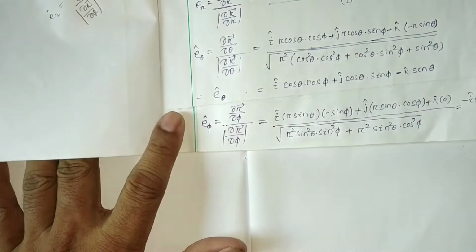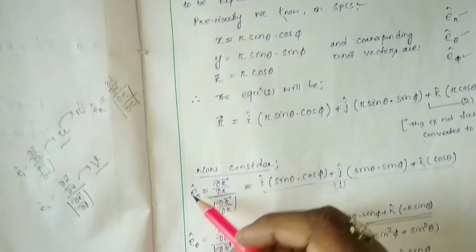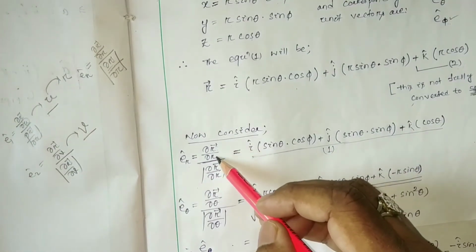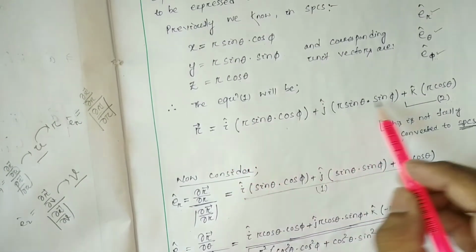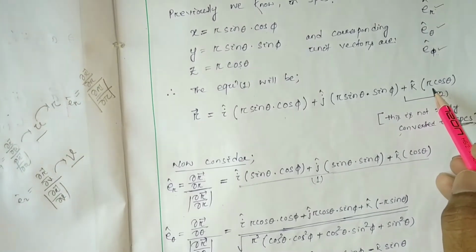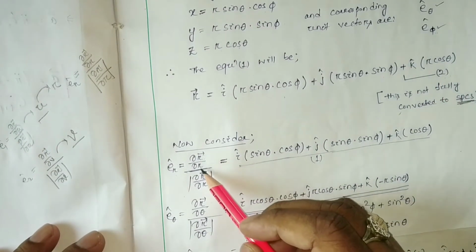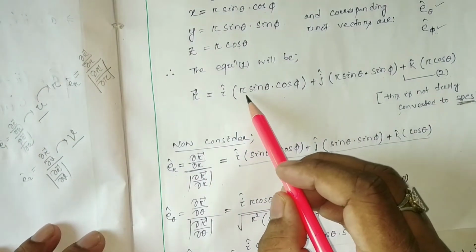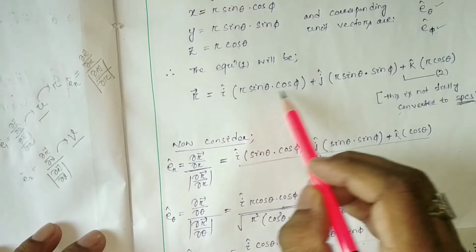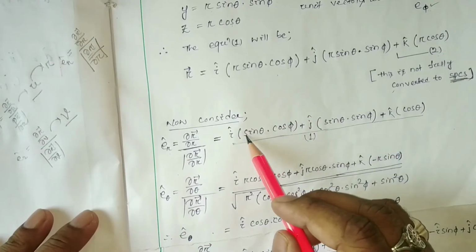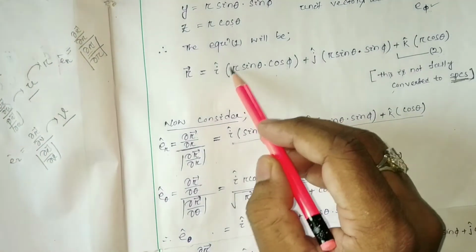Okay, so e_r cap will be del r vector by del r divided by the modulus of these things. Here this is the r vector, the position vector. So we have to consider del r by del r. Here you can see, if we consider this term, then the differentiation with respect to r will be sin theta cos phi, because here r is only there.